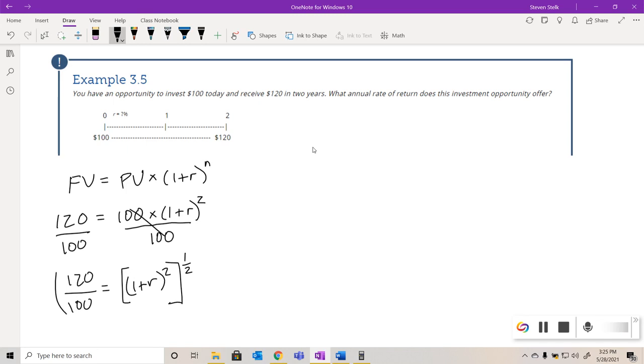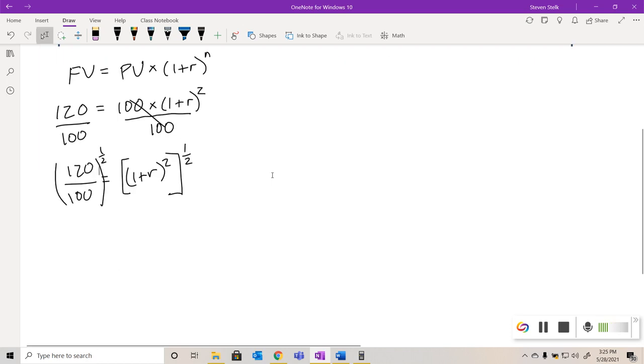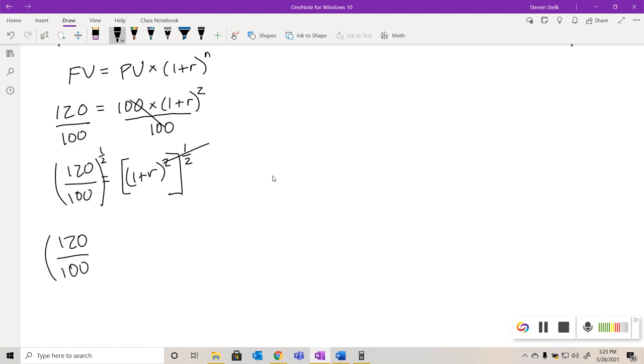So I'm going to raise that to the 1/2. I'm going to raise this side to the 1/2. So we've got to do the same thing to both sides. And that action cancels out these exponents on the right-hand side. And so I have 120 over 100 raised to the 1/2 is equal to 1 plus r.